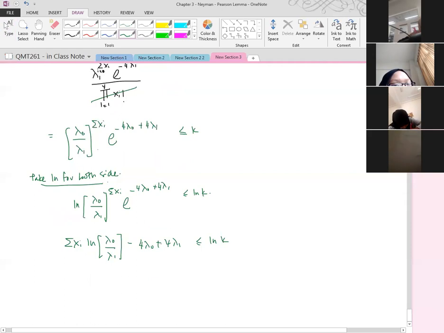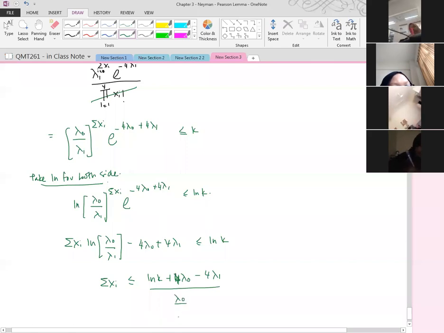If we bring everything together on the right hand side, it should be summation of xi less than or equal to ln k plus 4 lambda naught minus 4 lambda 1, divided by ln of lambda naught over lambda 1.